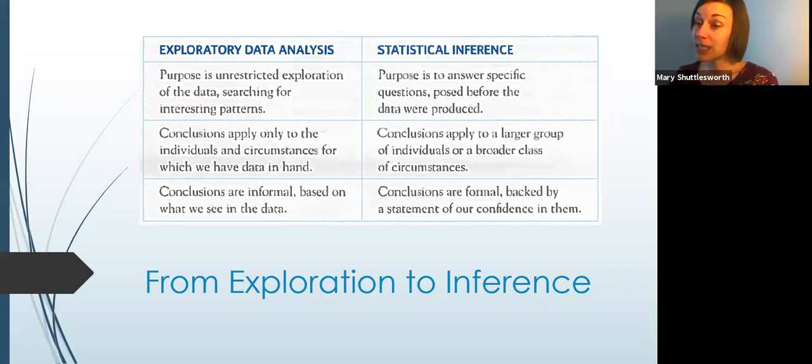But of course, with statistical inference, we are taking it one step further. We're drawing much, much more formal conclusions, and then trying to generalize or apply those conclusions from our sample back to the population. We're also typically trying to address some very specific research question. And those questions, of course, are put into place before we ever collect our data. And that's part of doing good research.